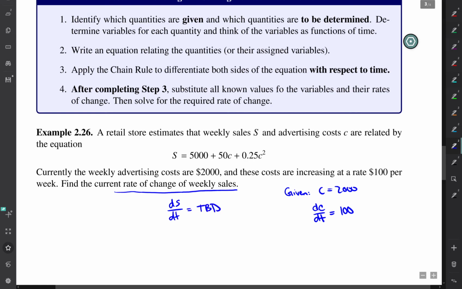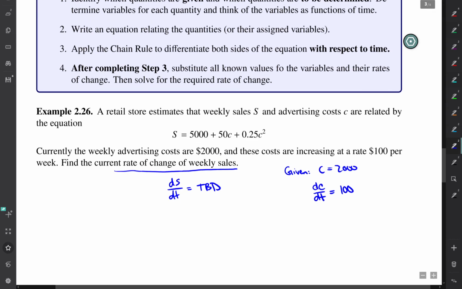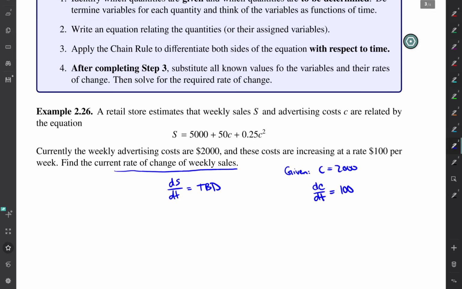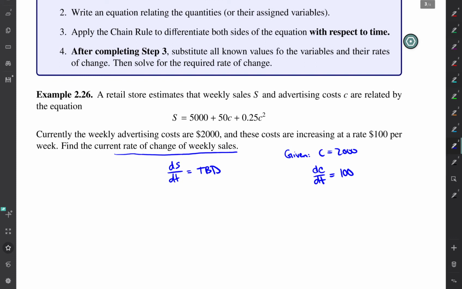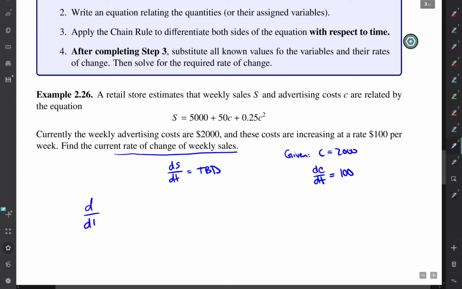Okay, so these related rate problems are all like this. You're going to be given some quantities and you're going to be looking for one of the rates of change. In this case it is dS/dt. Now to find dS/dt, we need to apply d/dt, the derivative with respect to time, to this whole equation. So it's d/dt of S equals 5,000 plus 50C plus 0.25C squared.